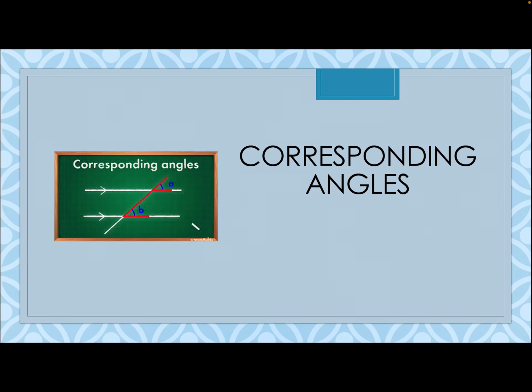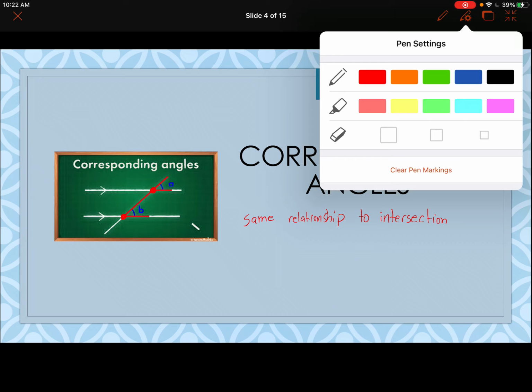So first, we have corresponding angles. That's going to mean, let's make a note. We're going to say same relationship to the intersection. That's an easier way to think about if you have corresponding angles. So the intersection for the 2 lines is like what I'm marking in red, probably not the greatest color to use.